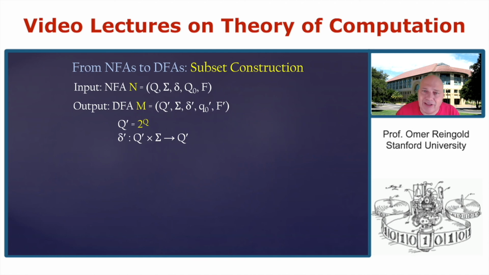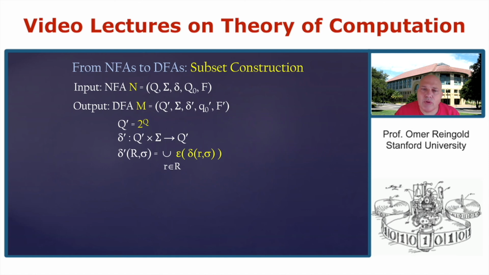So the next thing that does change is the transition function, from delta to delta prime. And delta prime takes an element in Q prime and an alphabet symbol and gives you the next state in Q prime.